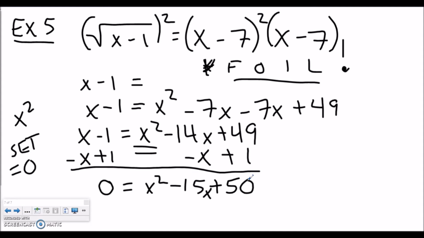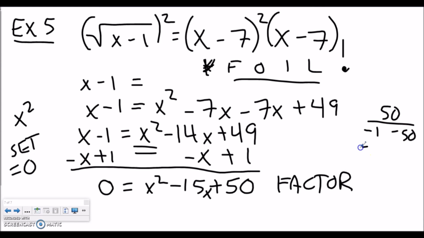So guess what this means? Oh, I know it. What we enjoy the most, we need to factor. Make your list for ways to multiply to 50 that add to 15. So my signs have to be the same, and they both have to be negative.